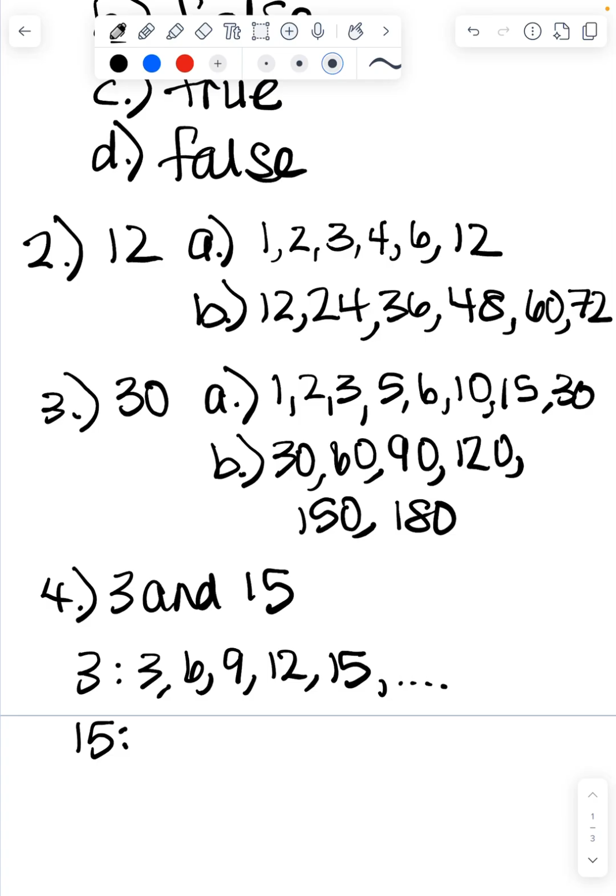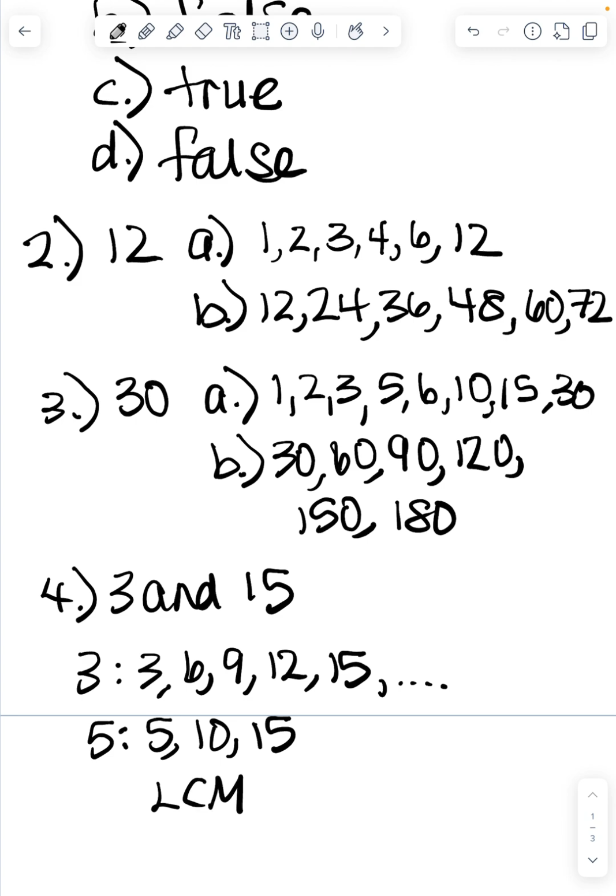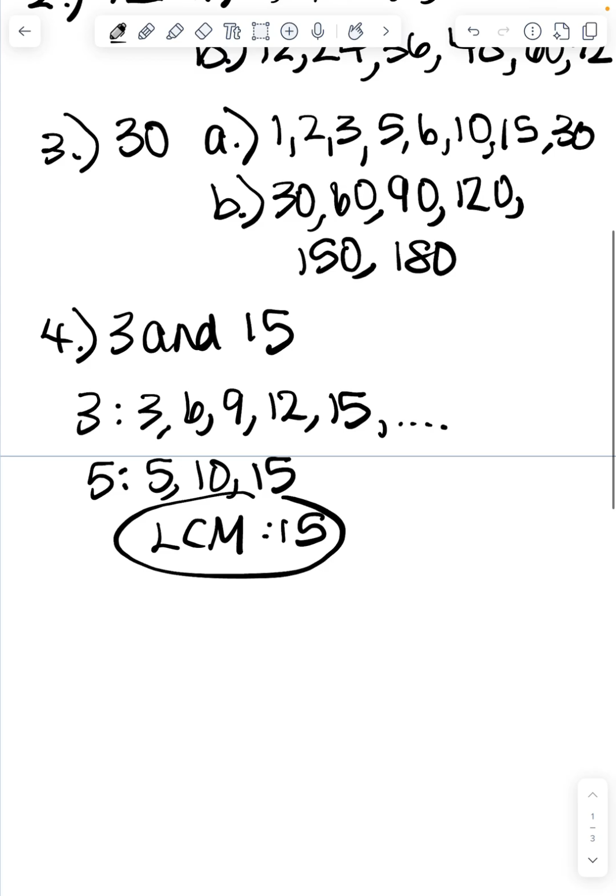For the multiples, oops, I think I put on here 15, but it's 5. So for the multiples of 5, 5 times 1 is 5. 5 times 2 is 10. 5 times 3 is 15. And I'm going to stop right there because I found my least common multiple once I got to the 15.